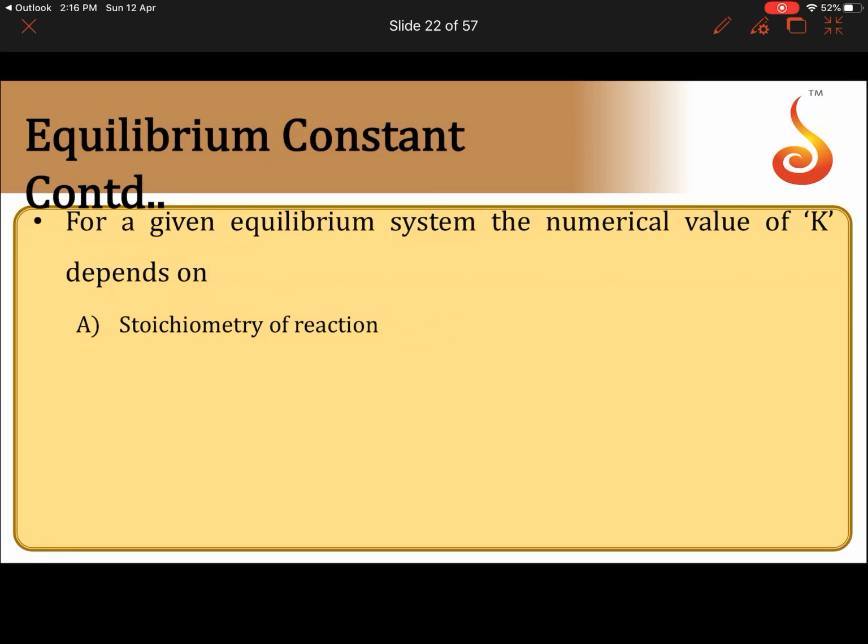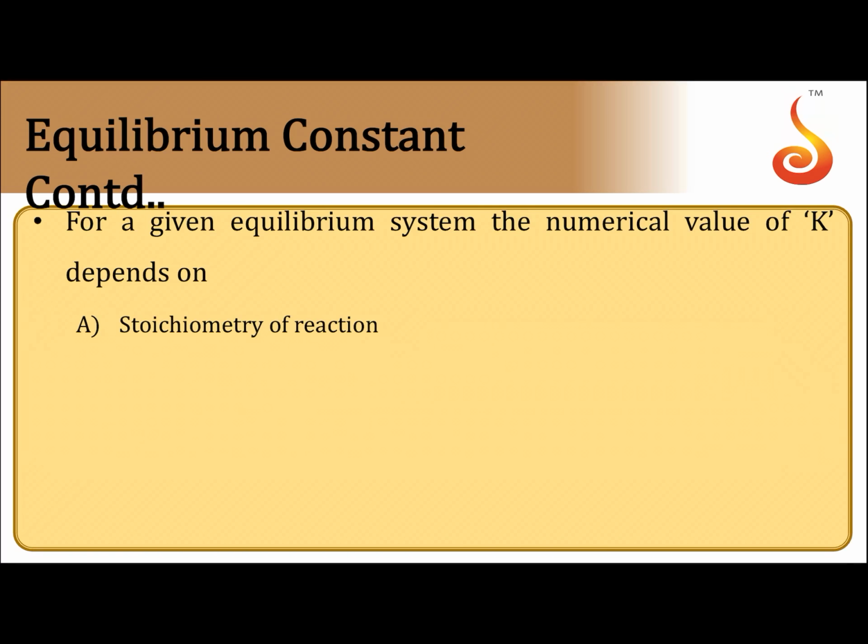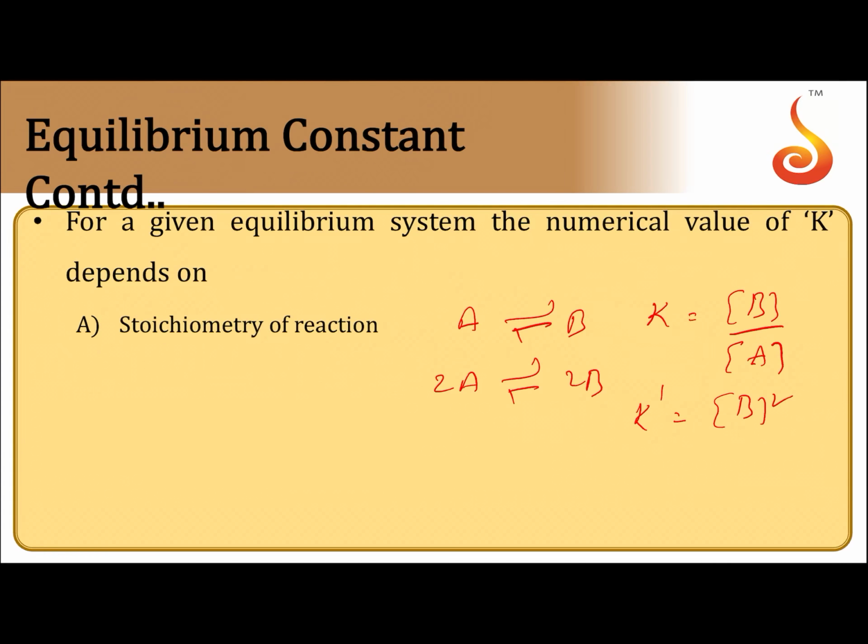Say for a reaction A giving rise to B, the equilibrium constant is given by the concentration of B by the concentration of A. Now when you multiply by 2, say 2A giving rise to 2B, then for this reaction K dash will be B square by A square.